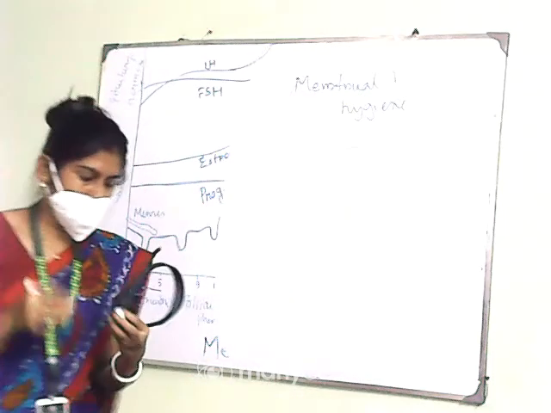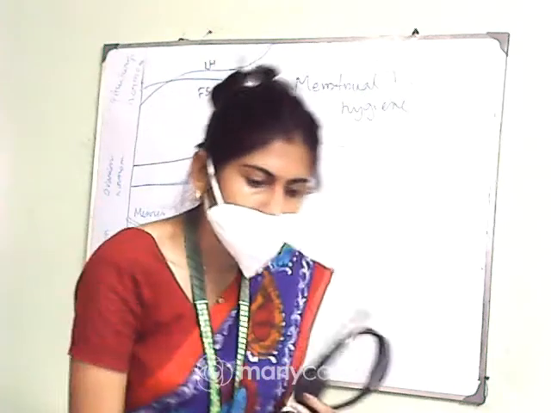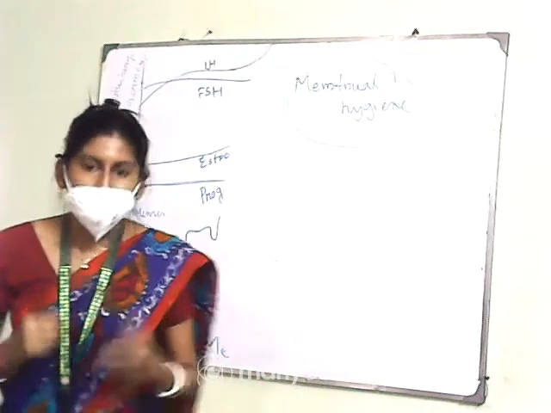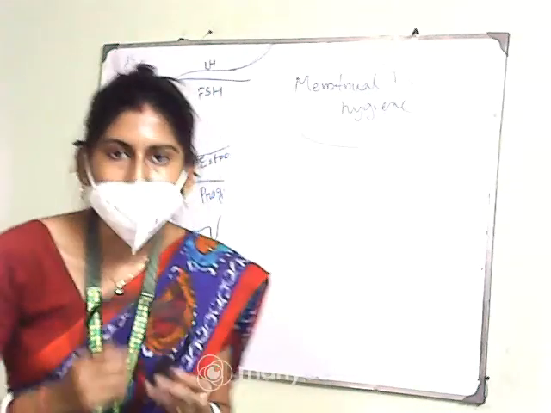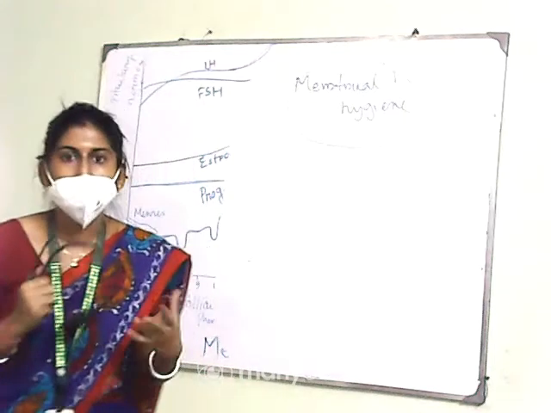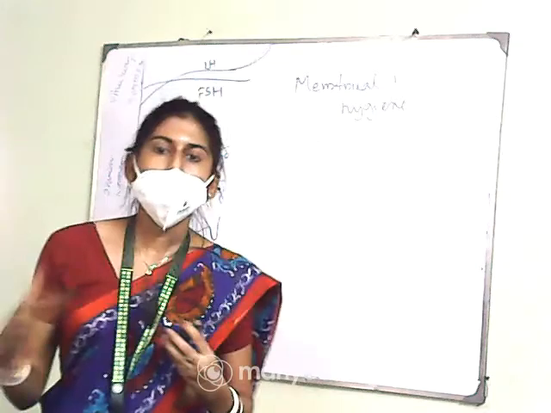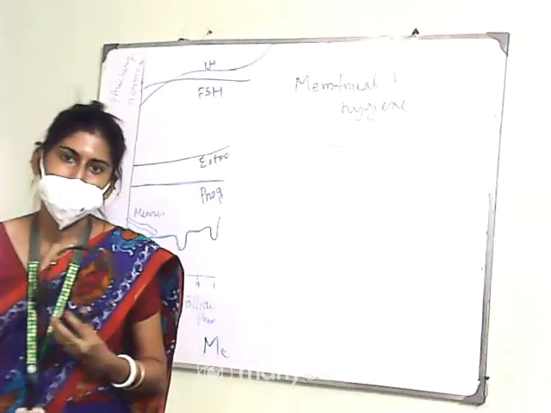Menstrual hygiene means a girl or a woman should maintain some hygienic conditions at the time of menstruation. Why? Because if it is not maintained, then this girl or woman may face many serious problems related to infection of the reproductive tract, etc.